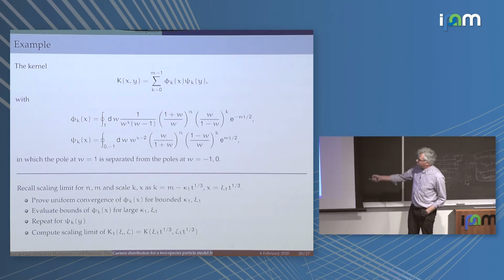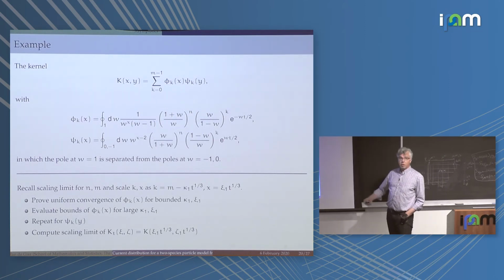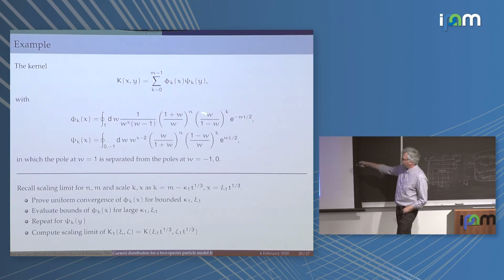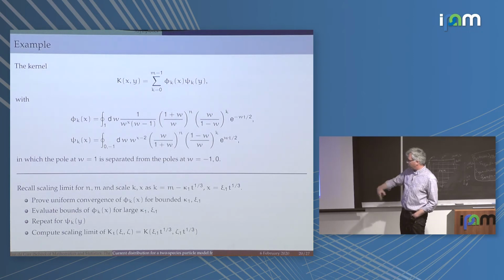And I just have this simple form. So you can see from this simple form that you can just estimate these integrals using steepest descent type methods. If n and k and t are large, you just write all of this as one exponential, and you do a steepest descent. So that's what you need to do. You need to insert the scaling limit for n and m that we had before, how they scale in time, insert it in these formulas and do a self-consistent steepest descent.